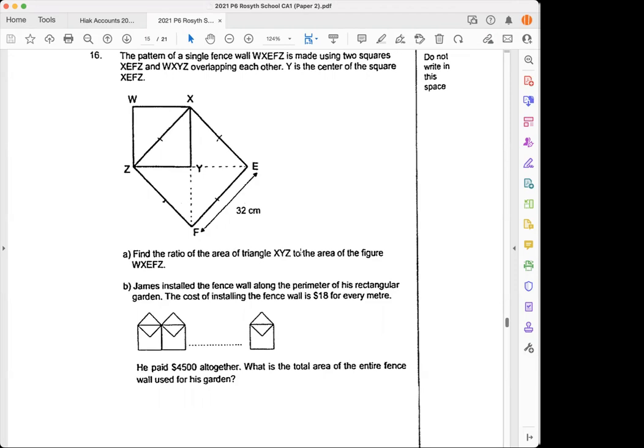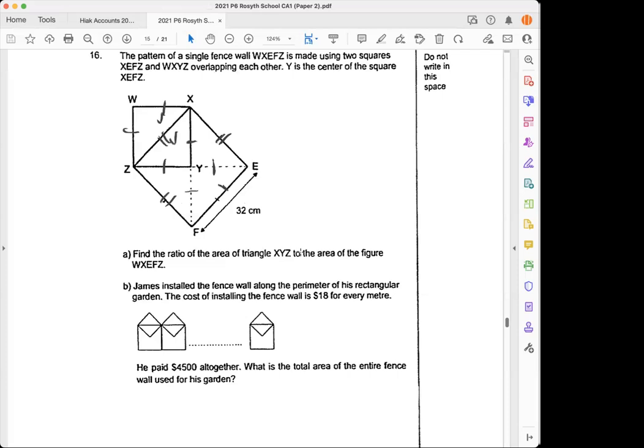Okay, so the pattern of the single figure is using two squares. So they are squares, so this must be equal to this, must be equal to this, must be equal to this. And this is equal to this. Okay, two squares. So in other words, this diagram is made up of identical triangles.